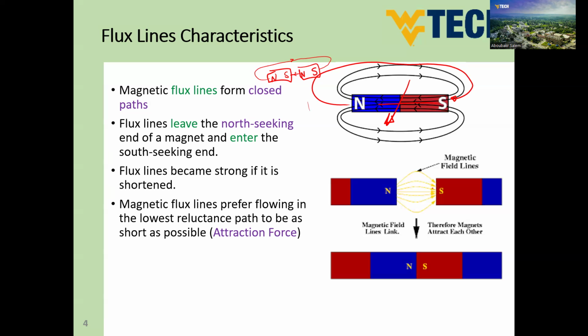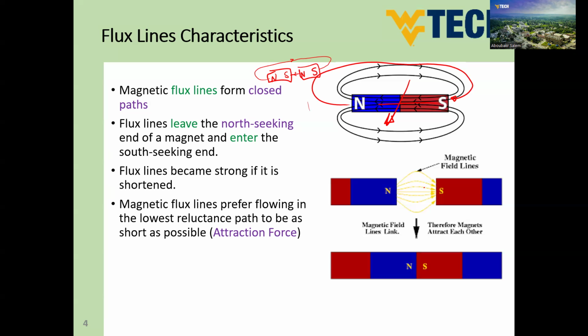The same is for the magnetic flux lines. For that, guys, if you try to move these two permanent magnets far a bit, they will be attracted again. Why? Because the flux lines in the middle all of the time would like to reduce its path, reduce it until being zero. So this is the feature of the magnetic flux line.